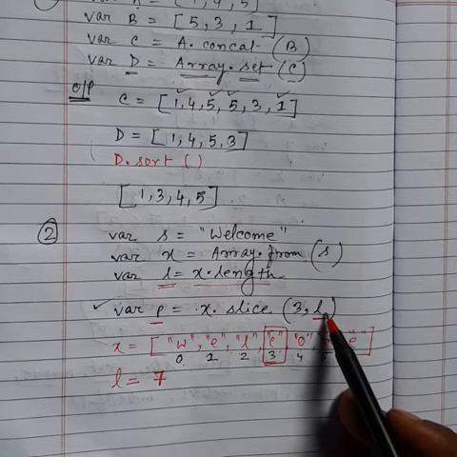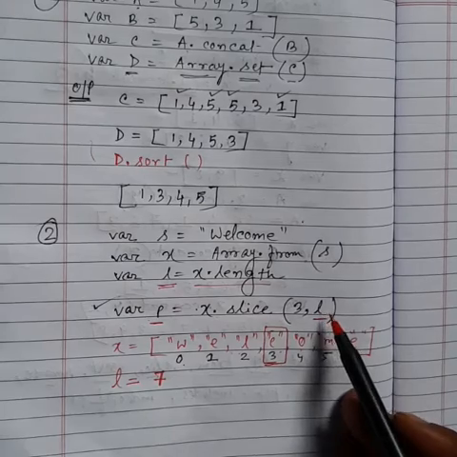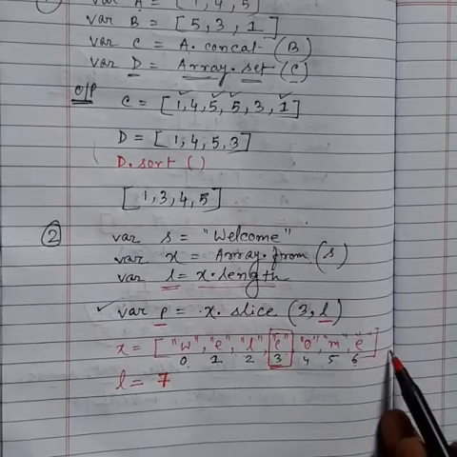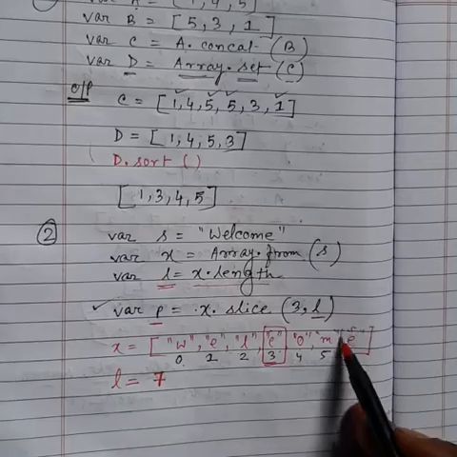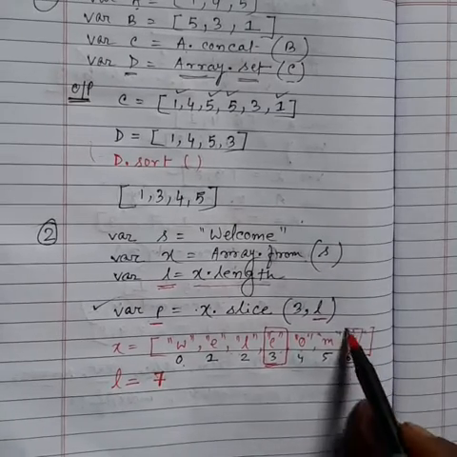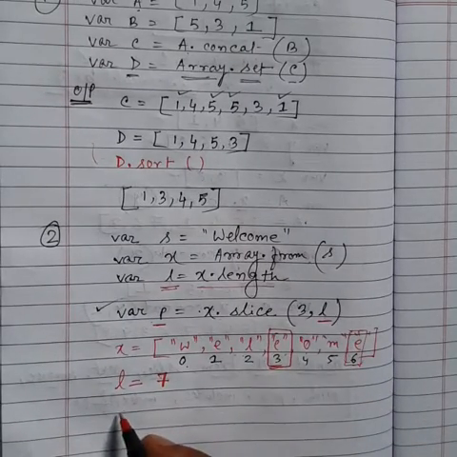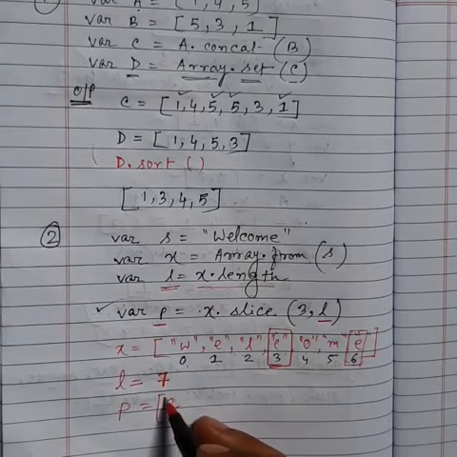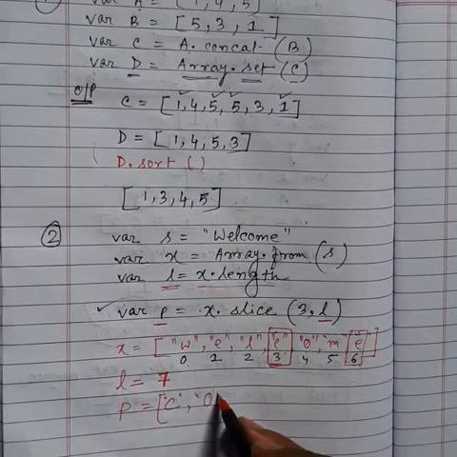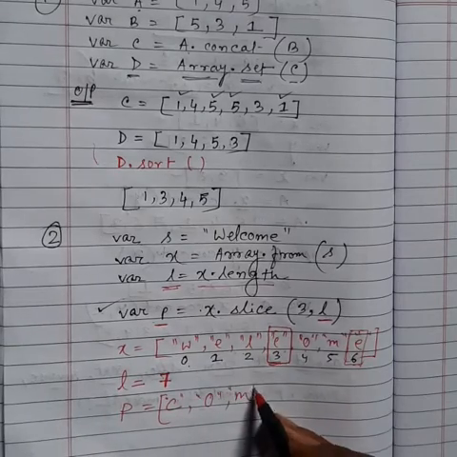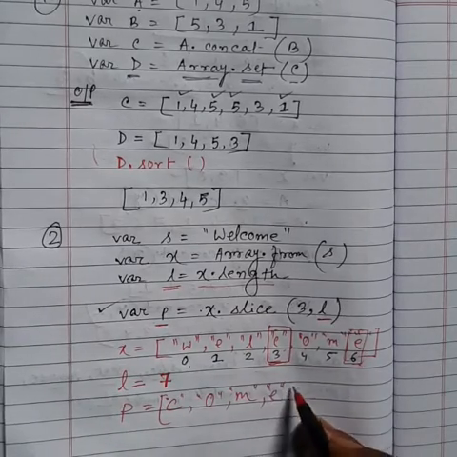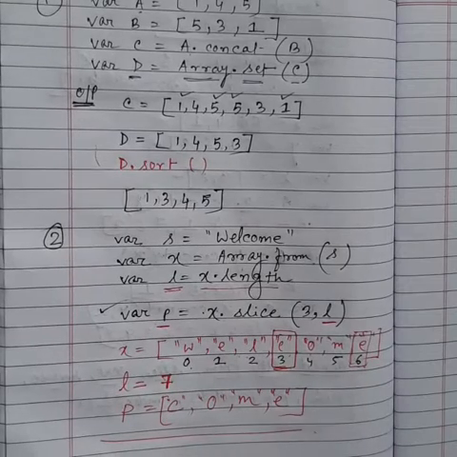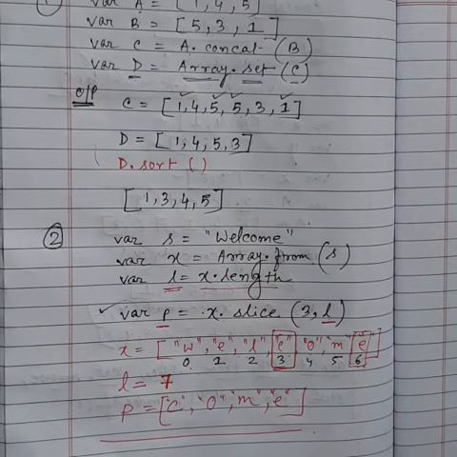Here l is 7, so it will go up to 6. So the value of p will be c o m e. This will be the ultimate outcome.